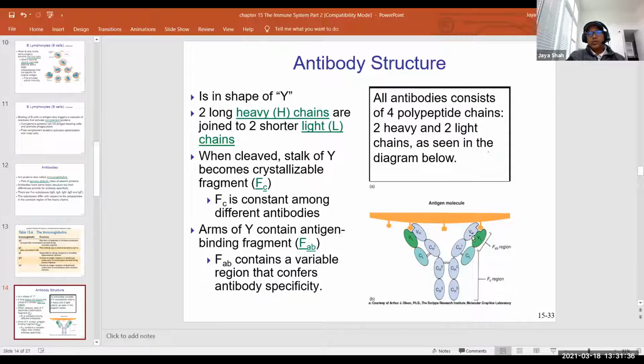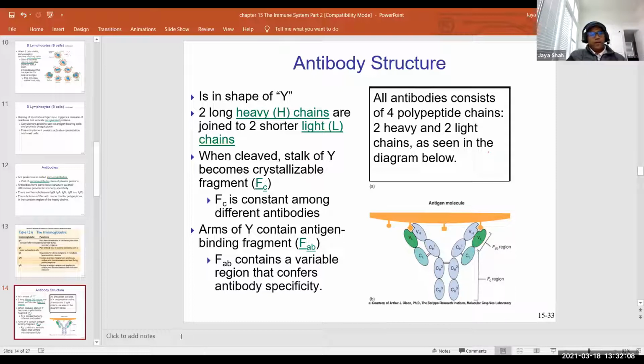It has 2 heavy chains, you see, and then attached 2 light chains. In the heavy chain and light chain, there is VH, CH, VL, CL. You see that?